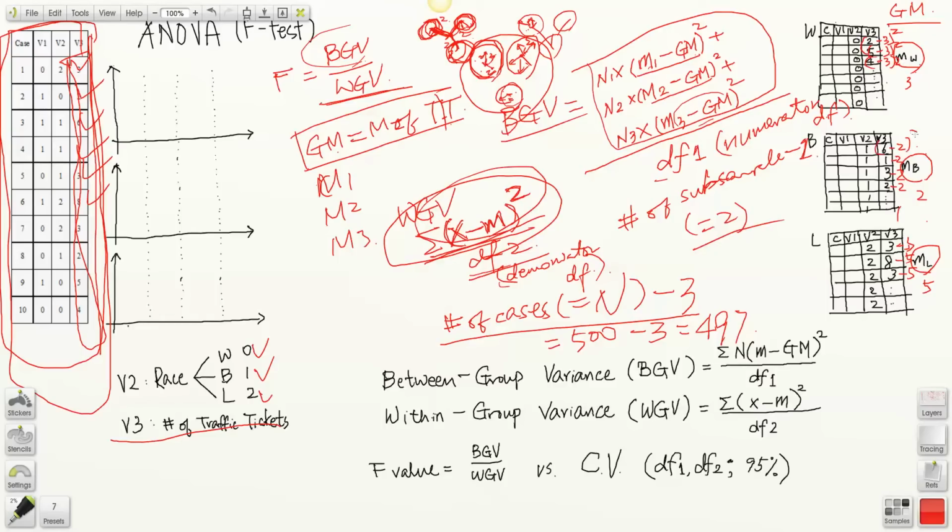You square them. Keep in mind that for the white subsample, for each and every case in it, you subtract the white subsample mean number of traffic tickets. For the black subsample, from each and every case in here, you subtract the black subsample mean number of traffic tickets. So you go on like this.